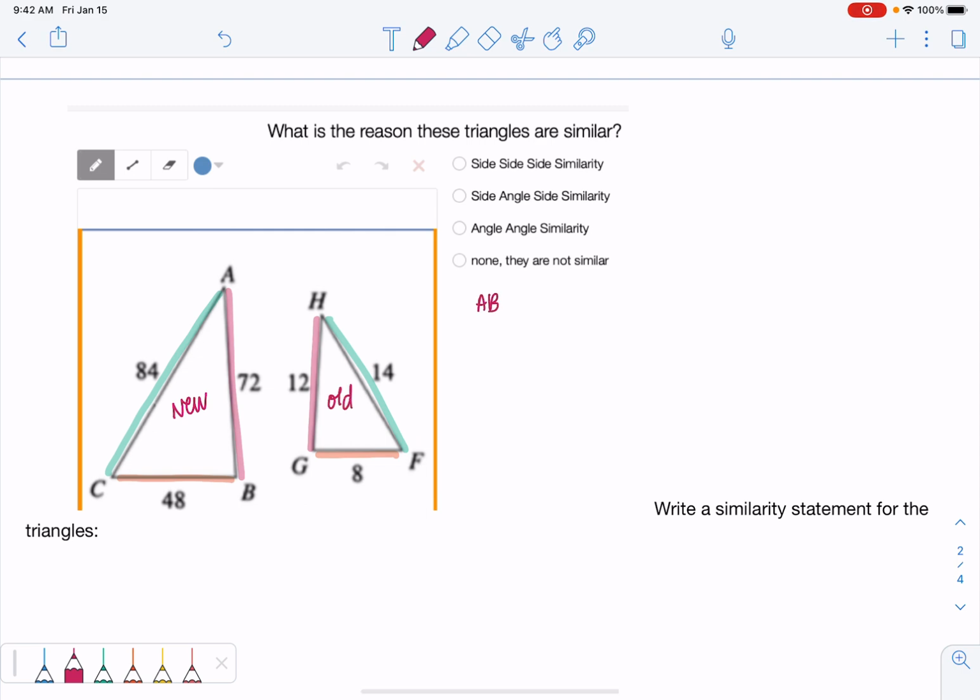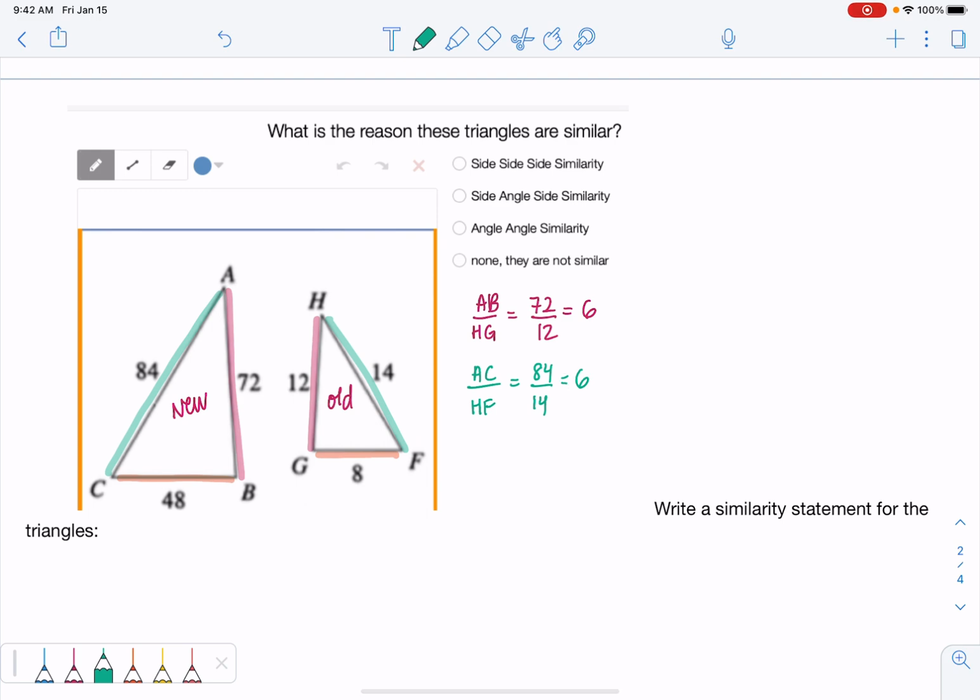So AB over HG equals 72 over 12. 72 divided by 12 equals 6. Let's check AC divided by HF. 84 divided by 14.